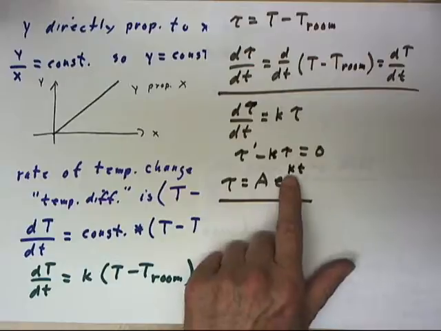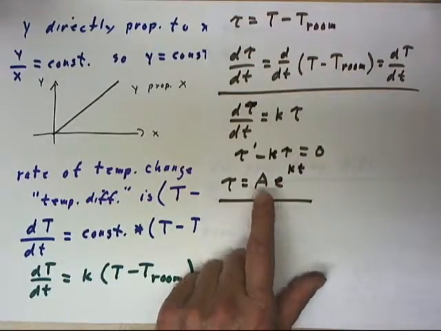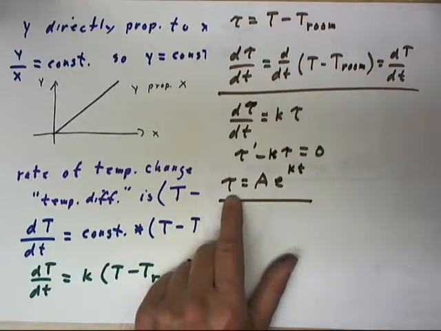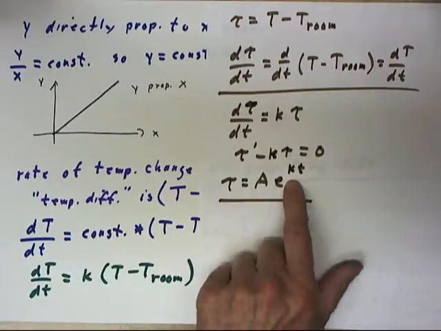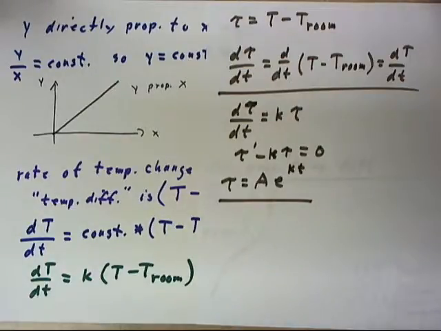Now, determining the value of k, determining the value of a depends on the circumstances. Could be that you have an initial temperature that's lower than the temperature of the room, in which case tau would be negative, a would be negative, k might be positive, it might be negative, and we could worry about that in specific instances.